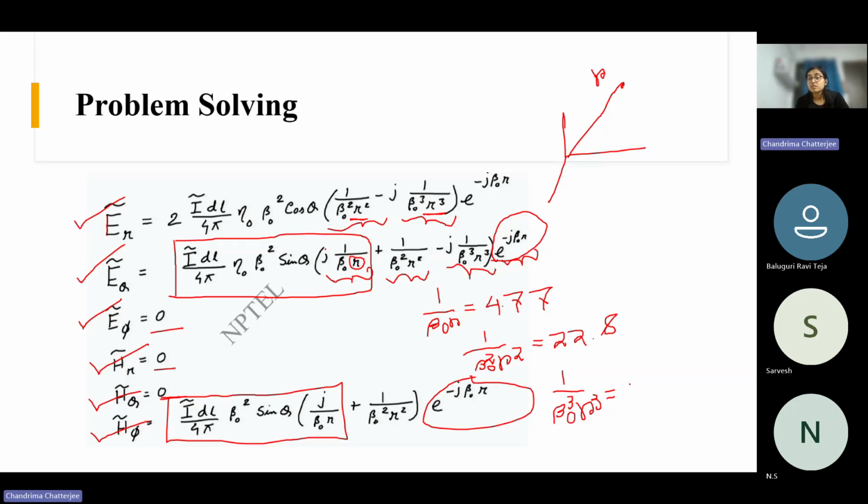This is 108.8. Okay. So these terms we have calculated separately.